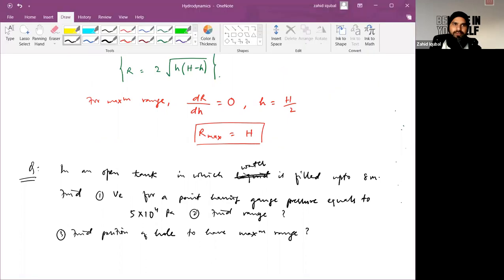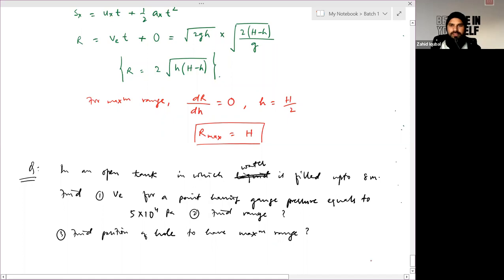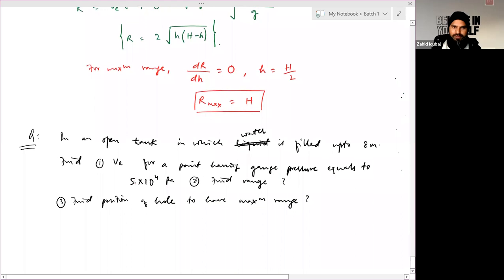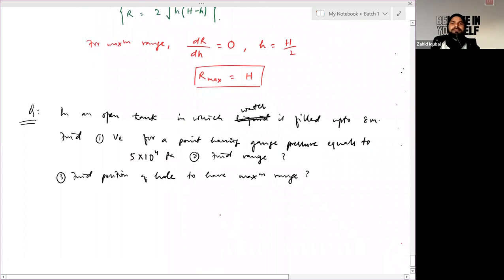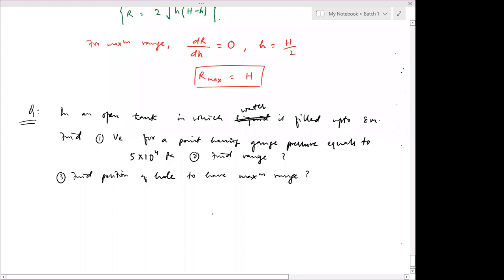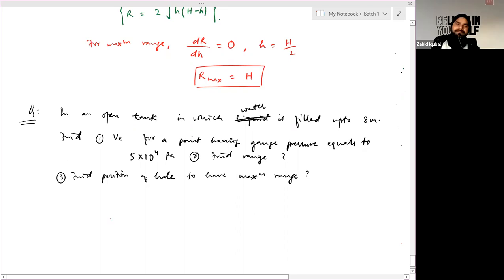Let me give you a hint on how to solve this part. In the first part, the gauge pressure is equal to this. Hamza, just tell me what will be the formula of gauge pressure? Yes, sir, rho g h.